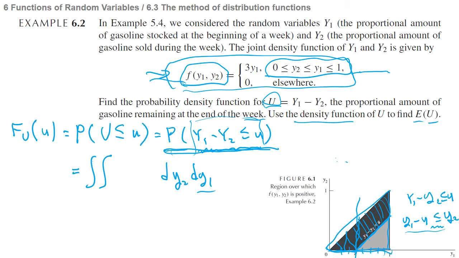So when y1 is from 0 to u, then the integration of y2 is from 0 to here, and this is y1 equals y2. So this part is y1, and 3y1, plus the double integration.